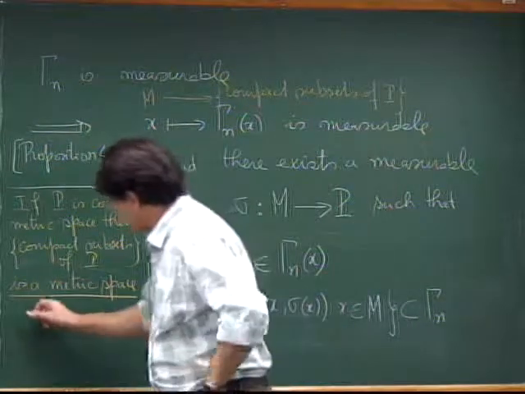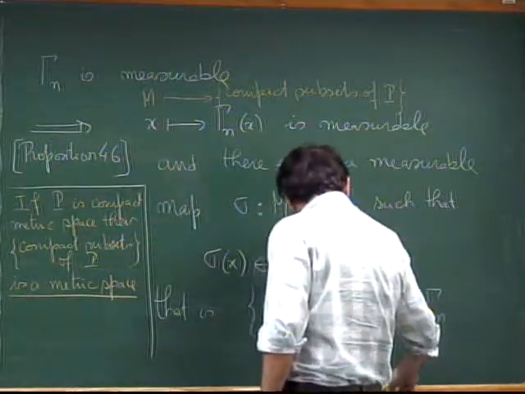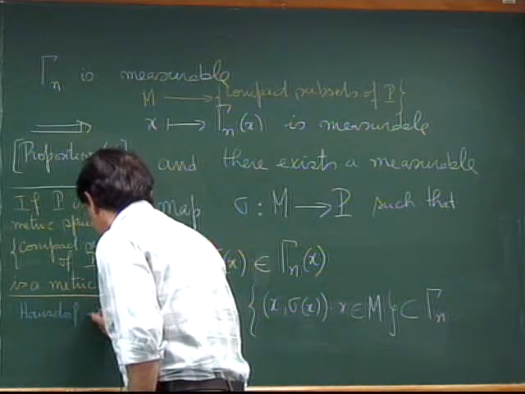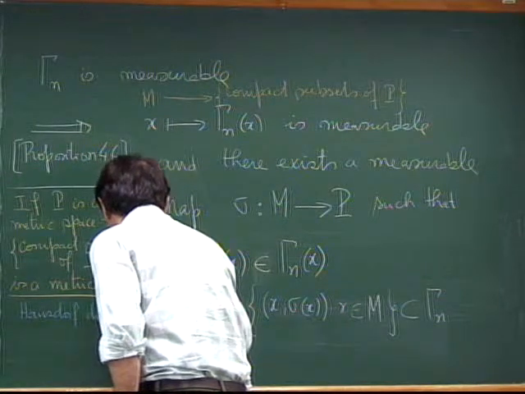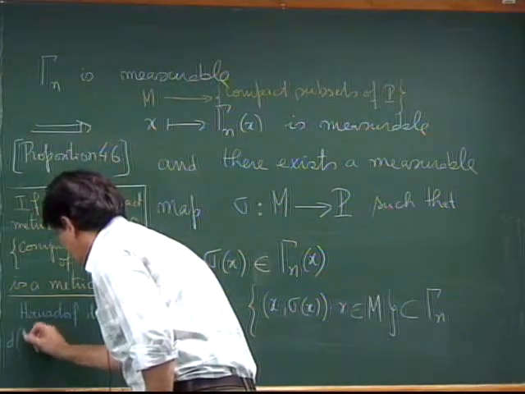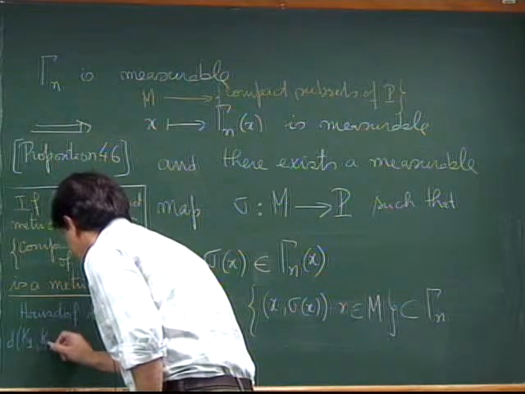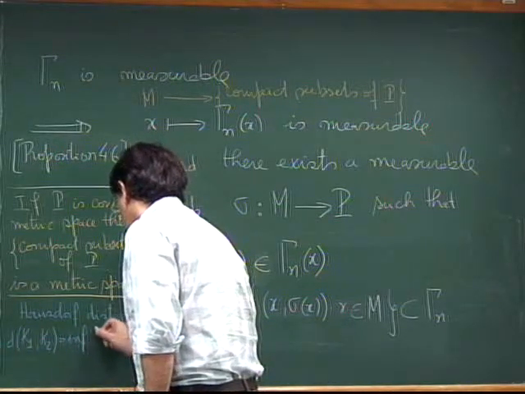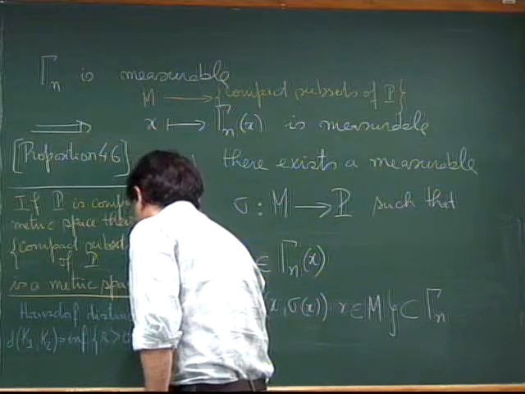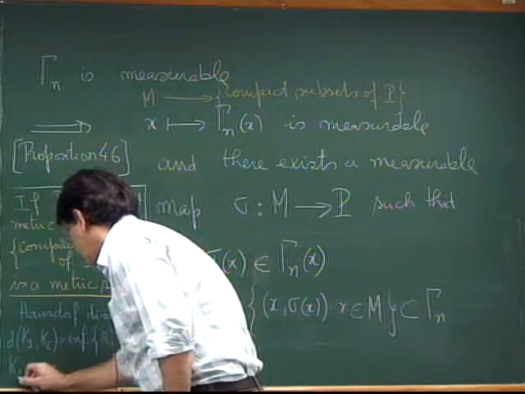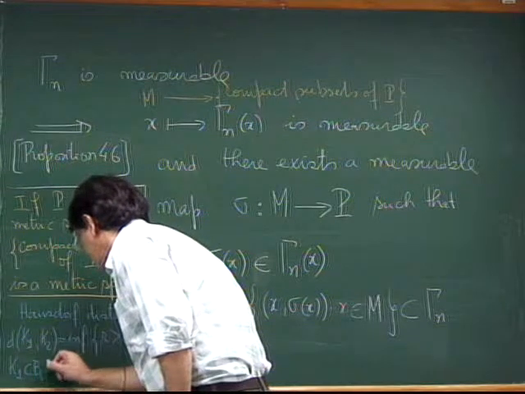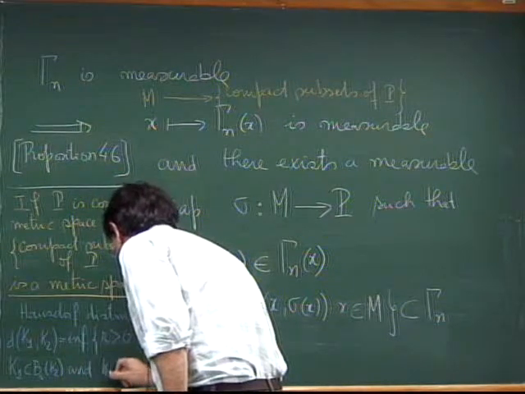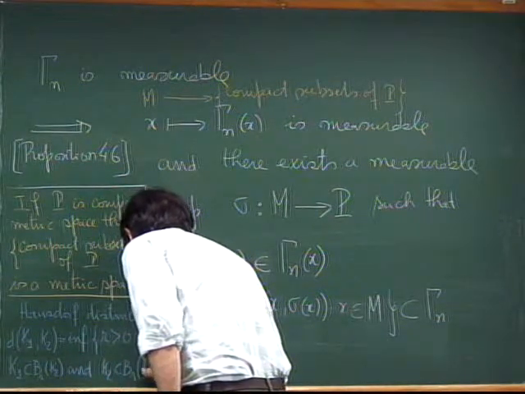So what is this distance? It's called the Hausdorff distance. The distance between two compact sets is the smallest r such that K1 is contained in the ball of radius r around K2 and K2 is contained in the ball of radius r around K1.